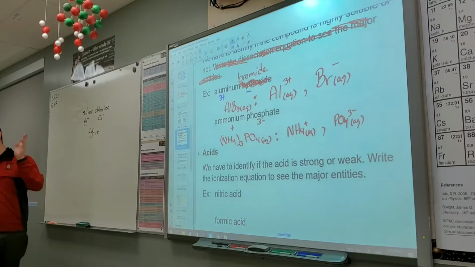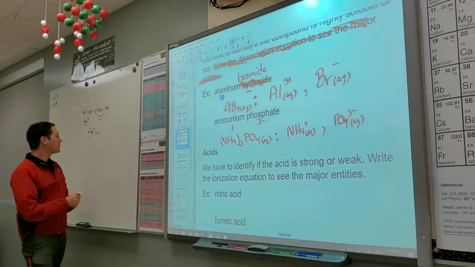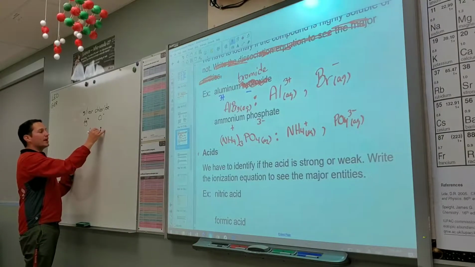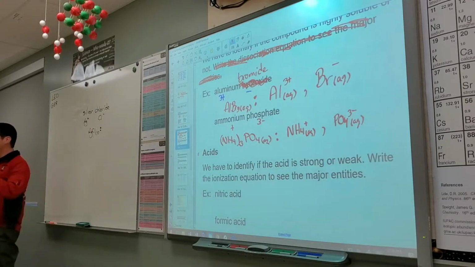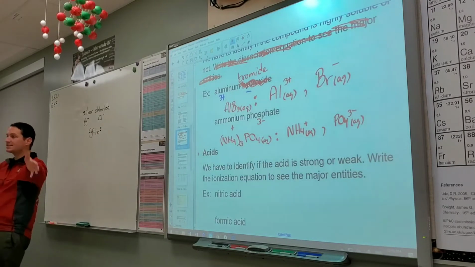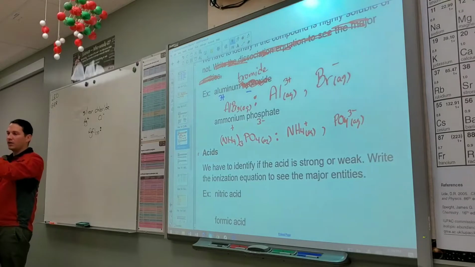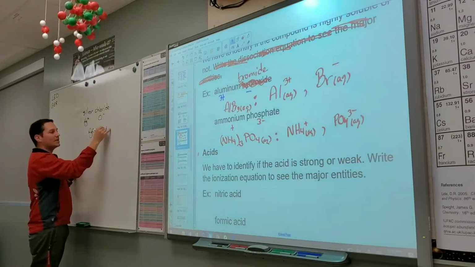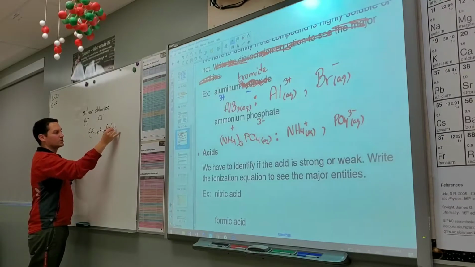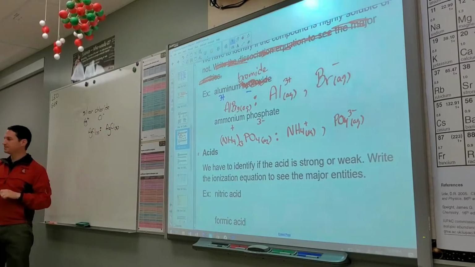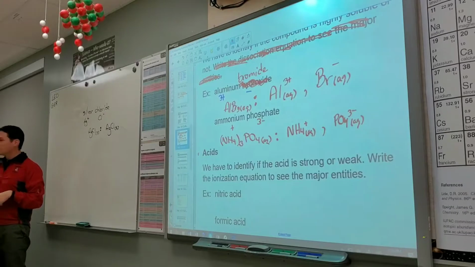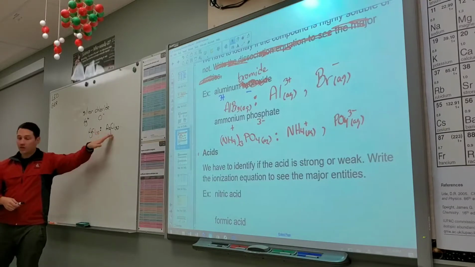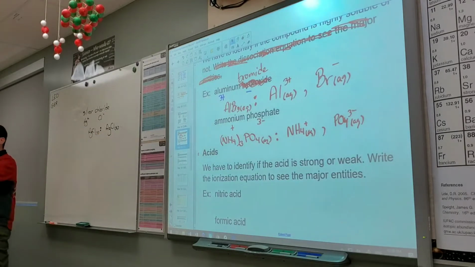There are some ways, but I won't be able to do it. So what are the major entities when I put this in water? Does it stay as silver chloride or does it break up? It stays the same. So all of a sudden the major entity is just AgCl solid. Can the silver and the chloride react independently of each other?